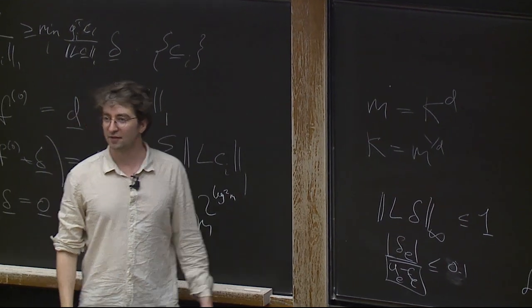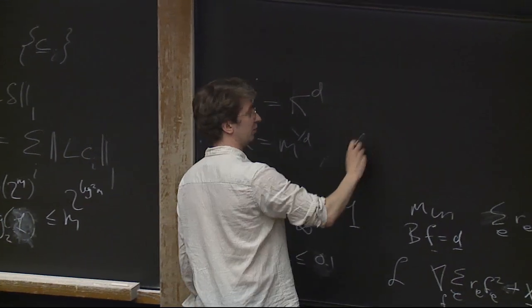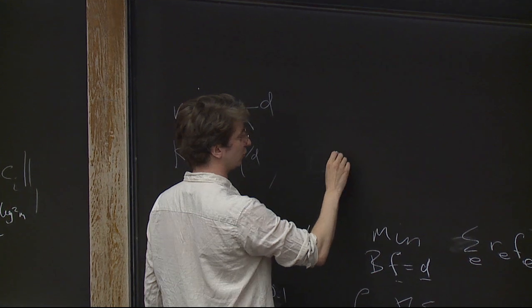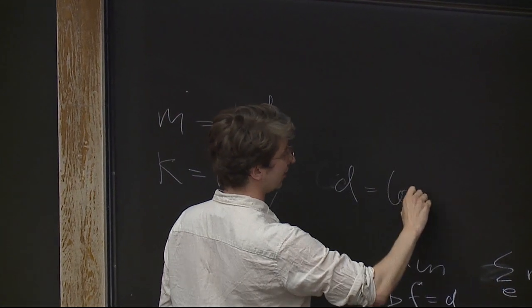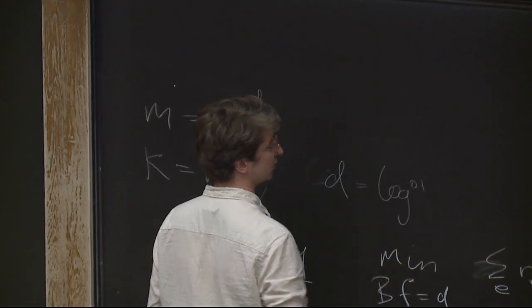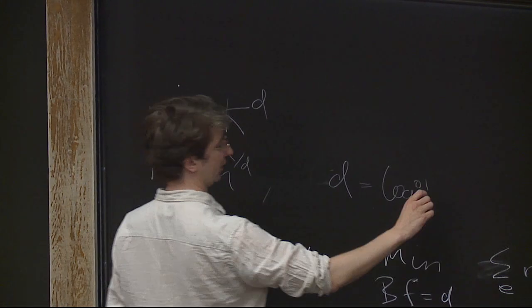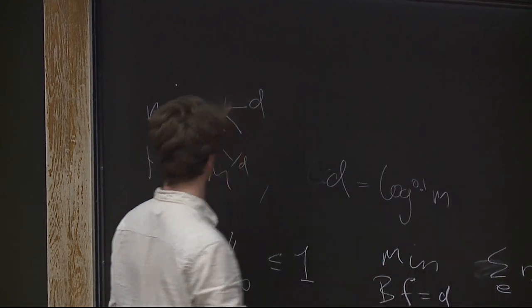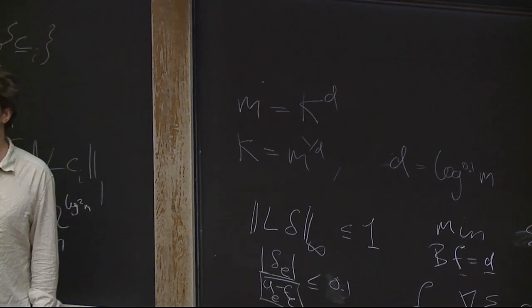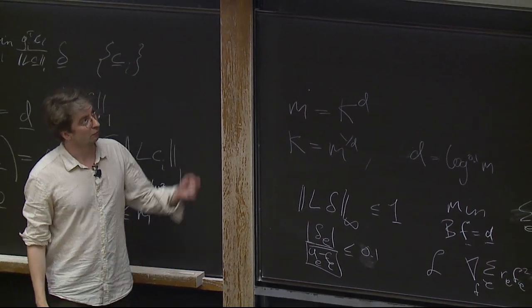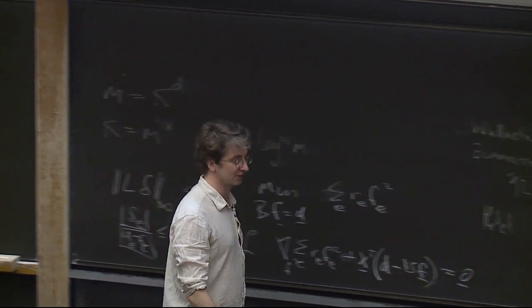And the recursion depth that we're going to use is going to be something like log to the 0.1 of n. And we'll get to a little bit more about these parameters.